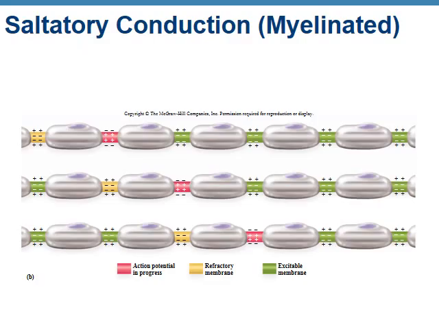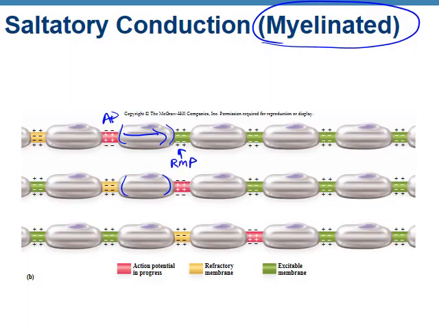In saltatory conduction, we have myelinated neurons. So this is the myelin. And basically this is kind of playing hopscotch. So here's the action potential. It goes through the myelination, comes to this area that's at resting membrane potential. Well, guess what happens to this area? It now becomes excited and the sodium channels are going to open.